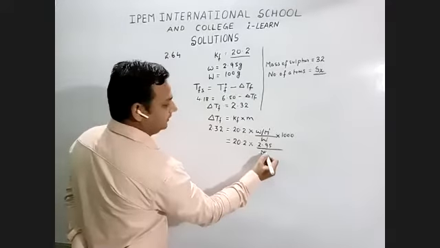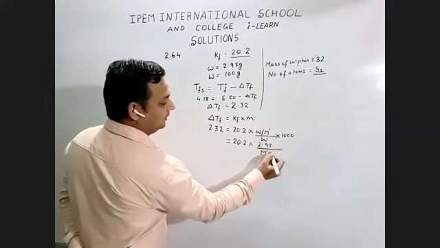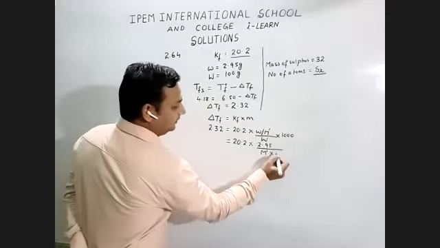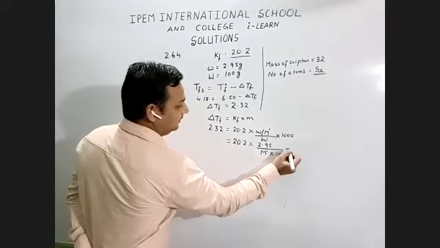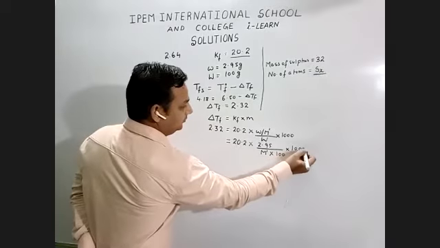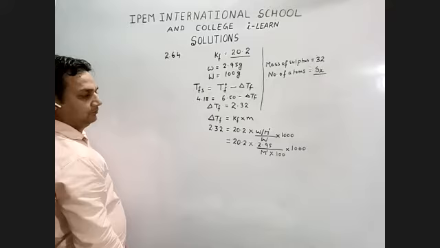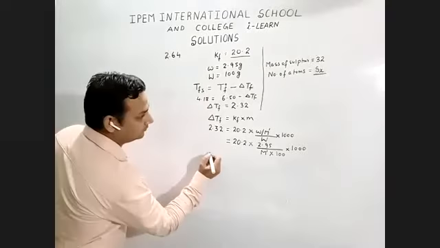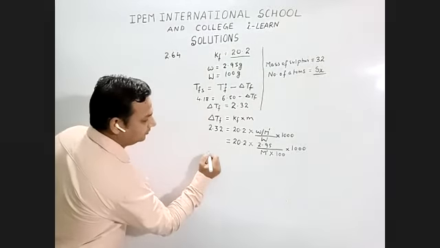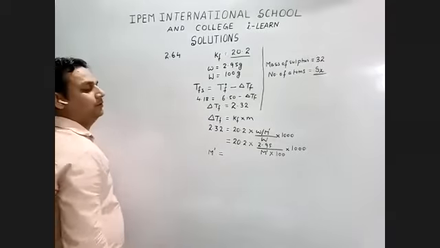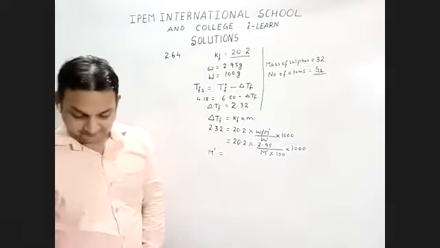On this we have to calculate, into mass of solvent 100 into 1000. Find out how much mass you got here, the molecular mass.